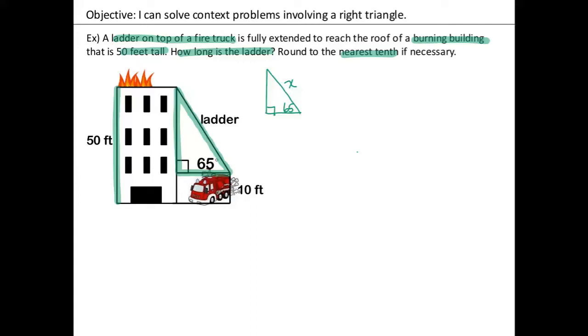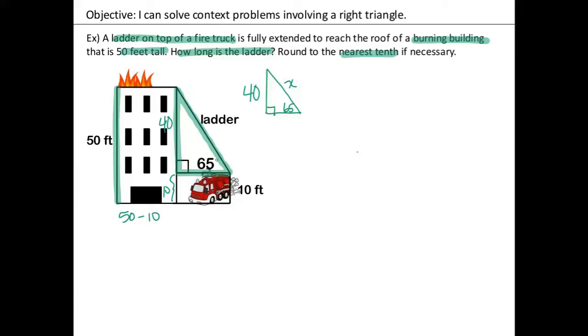I know that this is 50. I know that this is 10, but how much is it from here to here then? 40. Okay. That's actually 40 right there. So in order for me to find X, we ended up doing 50 minus 10, because from here to here is 10. That means that this side is 40.